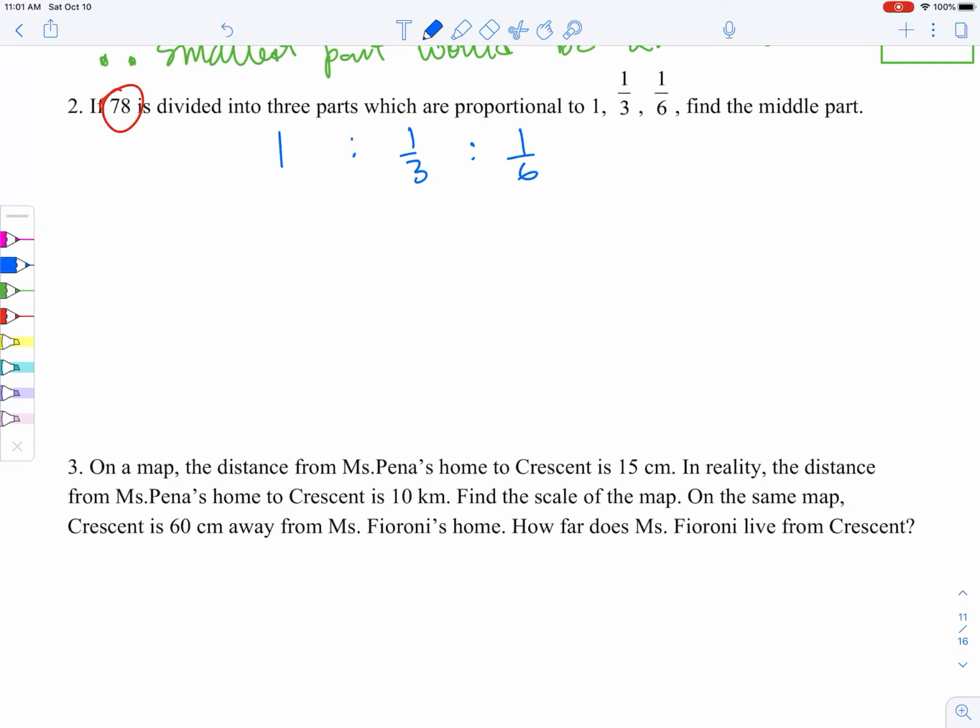So I could write that as 1k, or just k, then k over 3, and k over 6. And if we add all those 3 parts together, we know it gets 78.